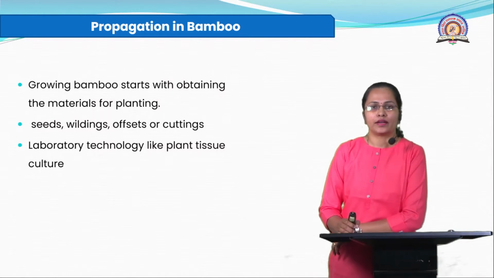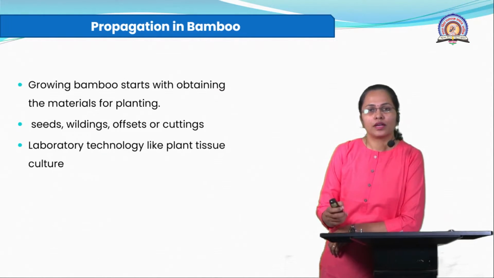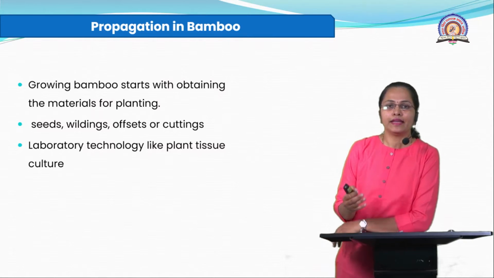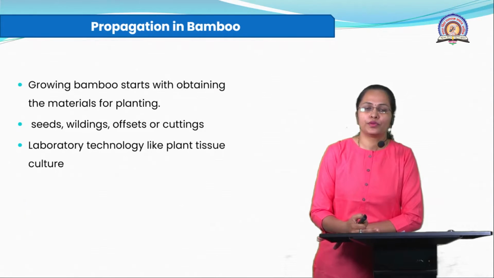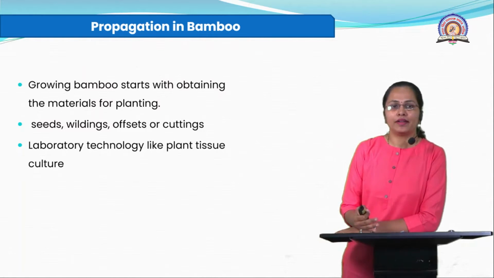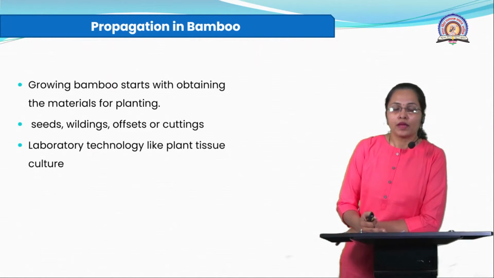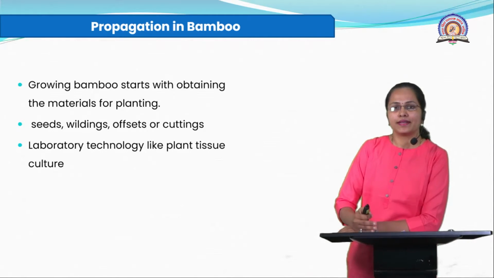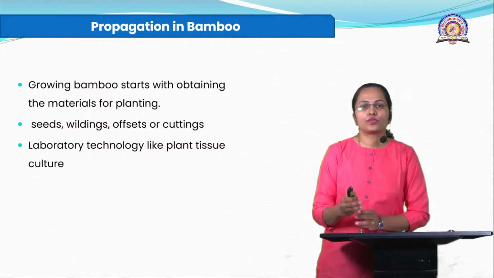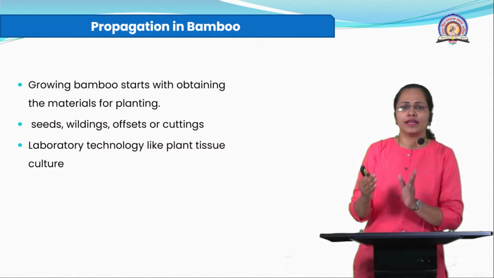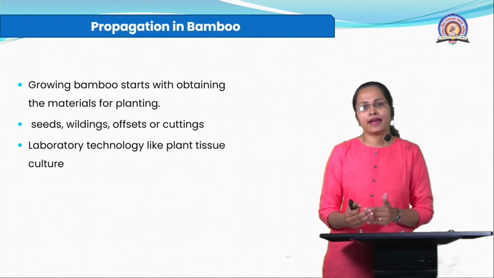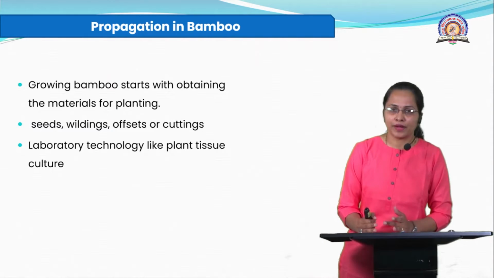Students, we know that in order to produce or cultivate any plant, like a fruit plant or flower plant, we have to produce a seedling or plantlet before propagation. The production of a seedling or plantlet is the first important step for the propagation of any economically important plant.